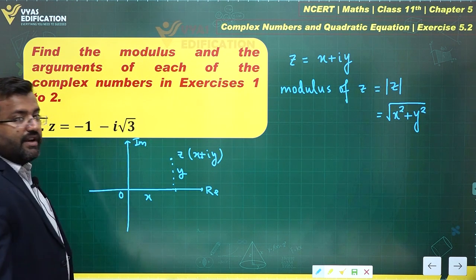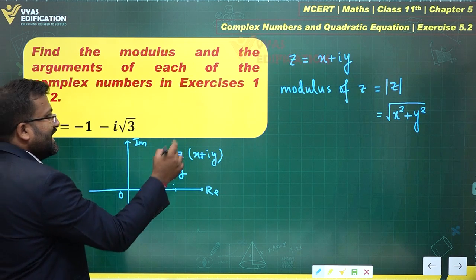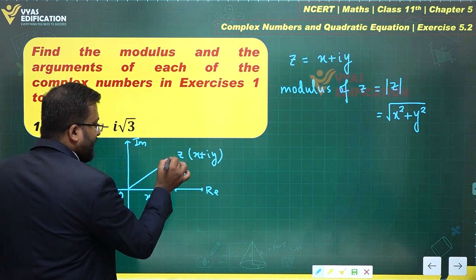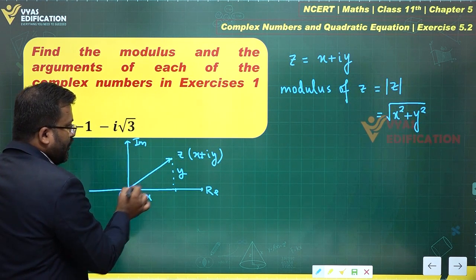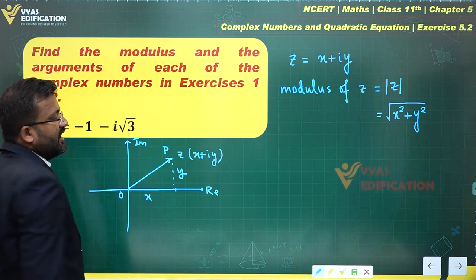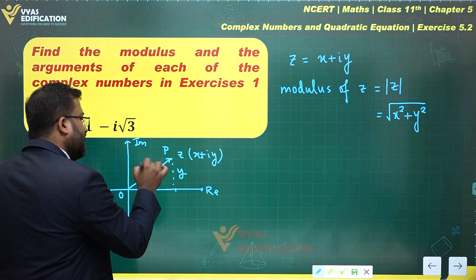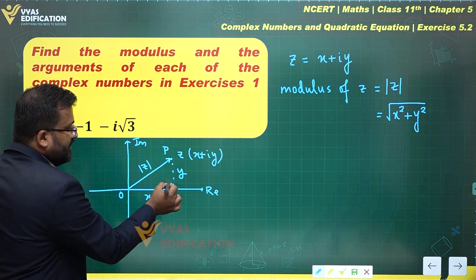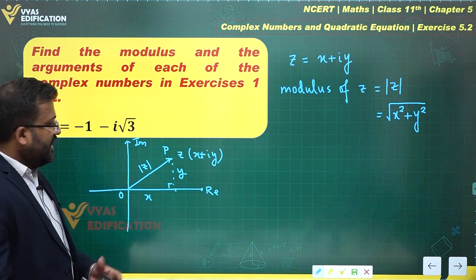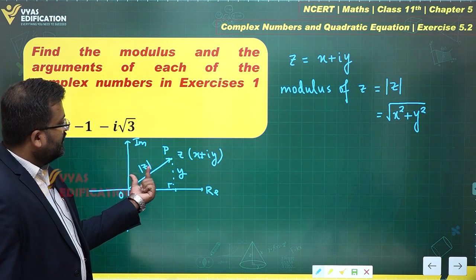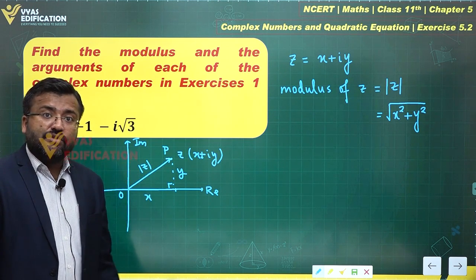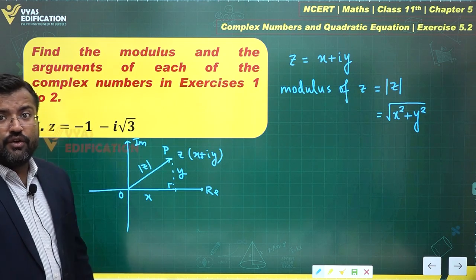This is the origin over here. So modulus of z basically signifies this distance from the origin to this point P. Modulus of z represents this distance. This is mod of z. As you can clearly observe, this is a 90-degree angle, and x square plus y square under root will give me the length of this hypotenuse over here, which is what we obtain.